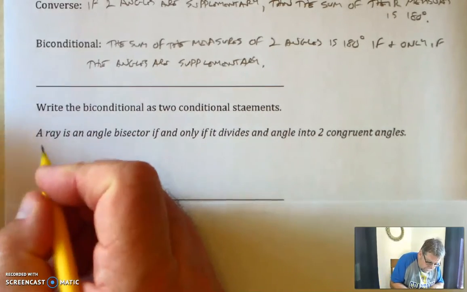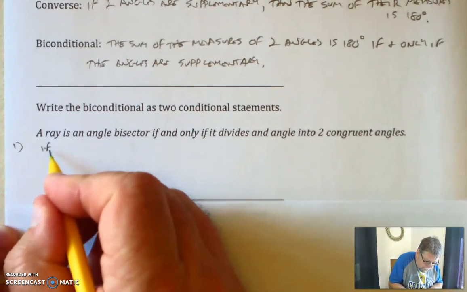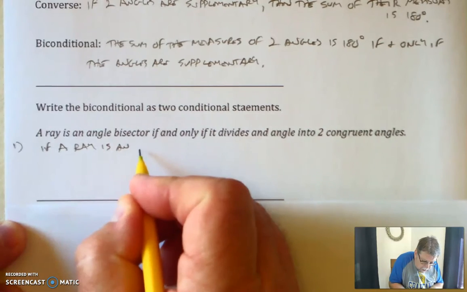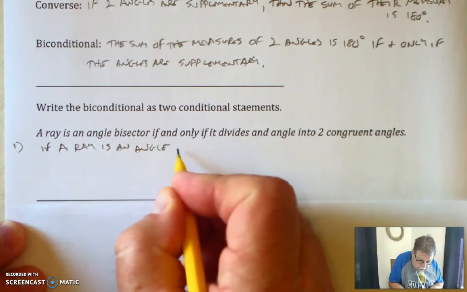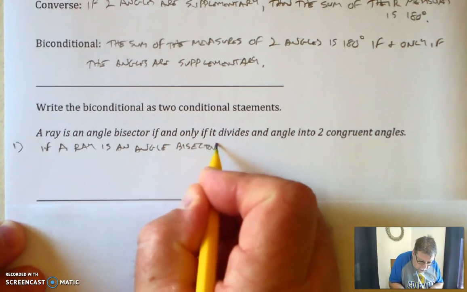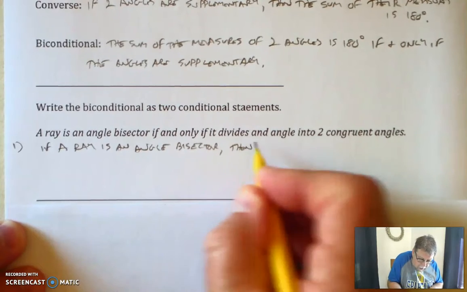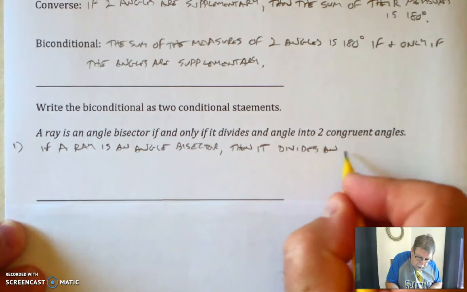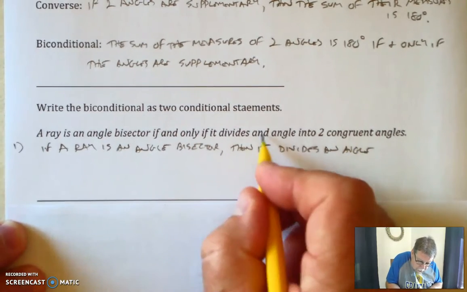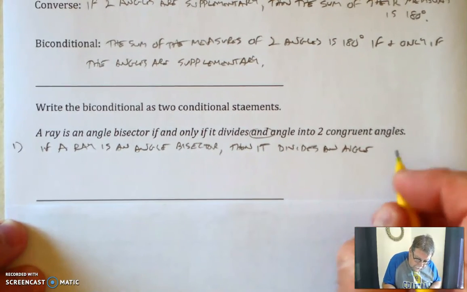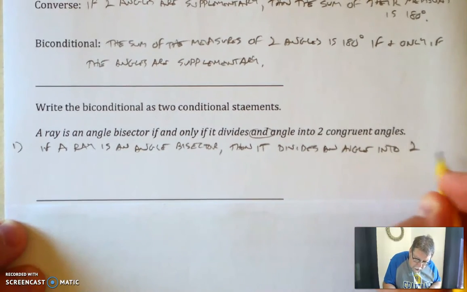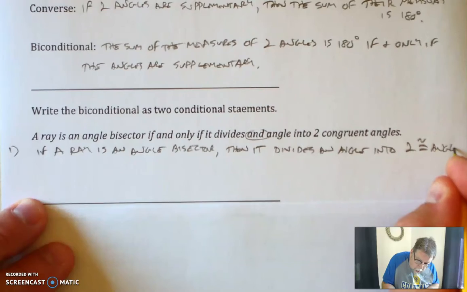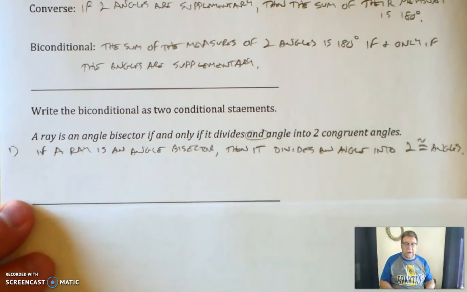So the first one would be if a ray is an angle bisector, then it divides an angle into two, and I'm going to use that symbol instead of writing out the word congruent, angles. That's the first conditional statement.